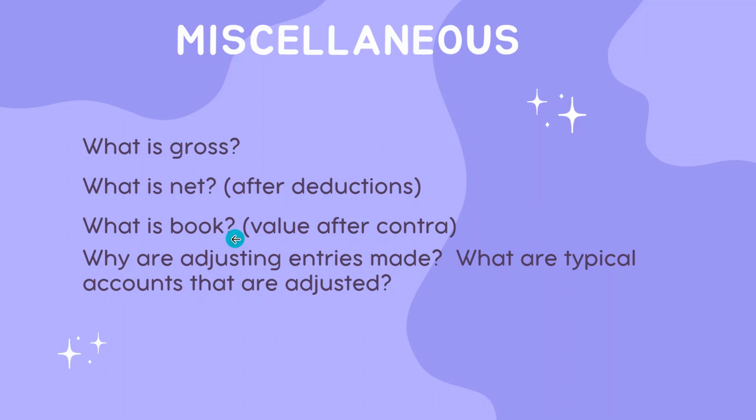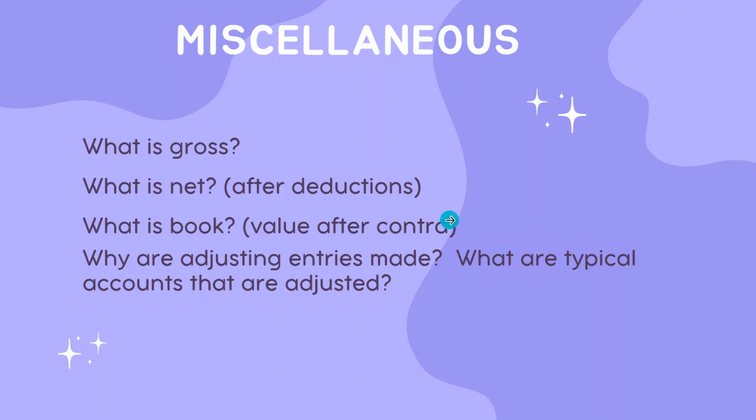What is book value? Book value is the total minus the contra accounts. So you have your equipment. The value of your equipment is what you paid for it.